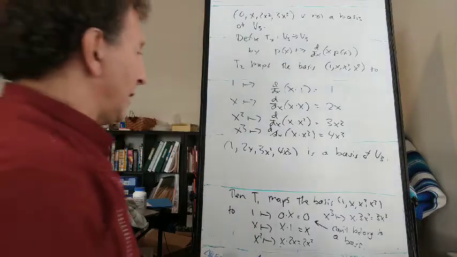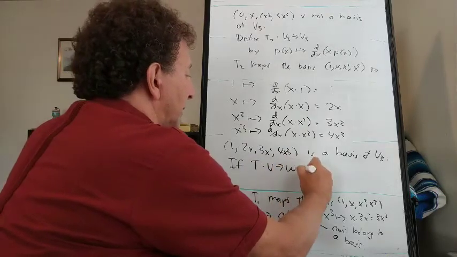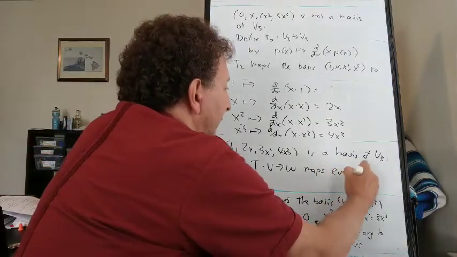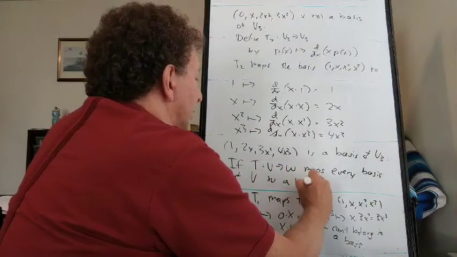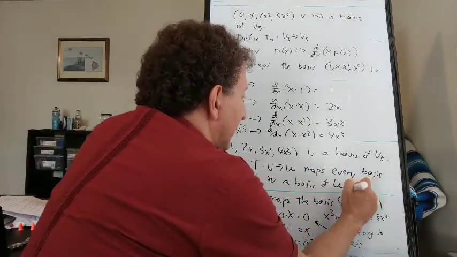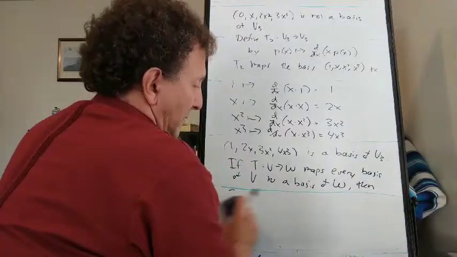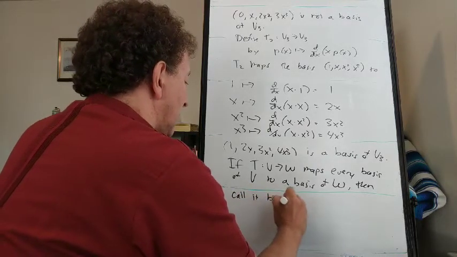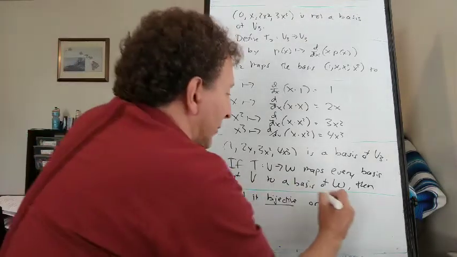So there's something different about these two maps. In general, if T from V to W maps every basis of V to a basis of W, then we call it bijective, or an isomorphism.